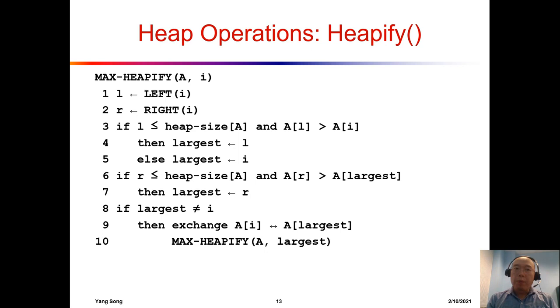So we have to do another recursive Heapify for the parent value at the new location. So we do another max Heapify on the array A, with the largest as the new location of the parent i. So this is still a recursive process.